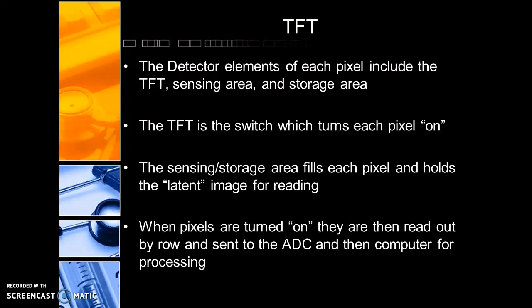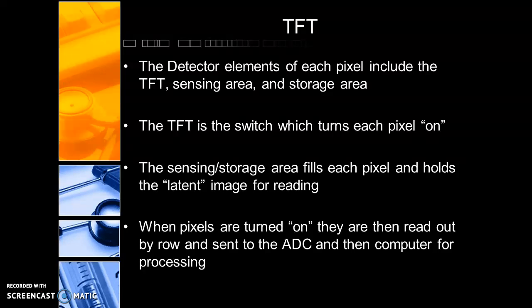So the components of each microscopic TFT are the sensing and storage area, and then there's a piece of it that is devoted to the electronics required to run it. So the TFTs essentially are switched on, and then that row knows it's that row's turn to be read out. This is what keeps the image in order.